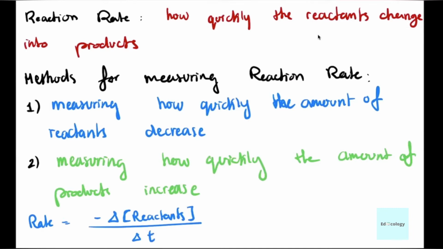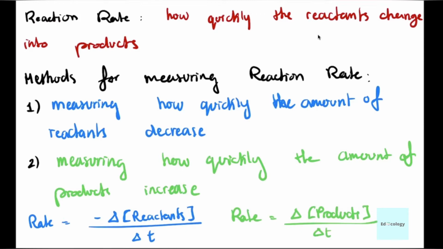And for the green one, we just use change in products over change in time. We do not use a negative outside change in products because to measure the change in the concentration of products or reactants, we subtract the final concentration minus the initial.